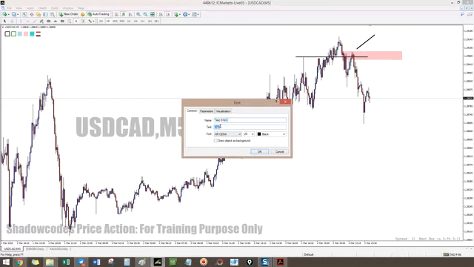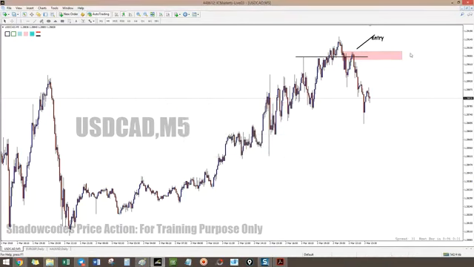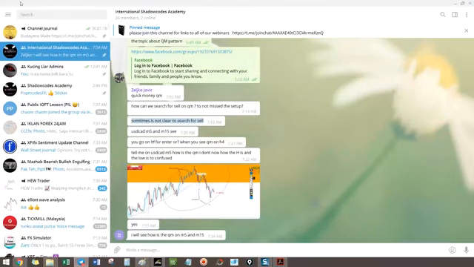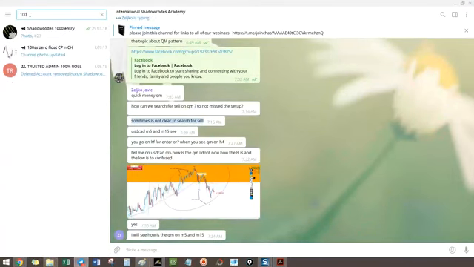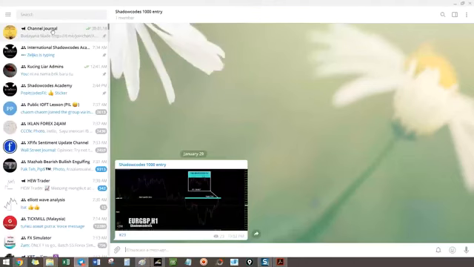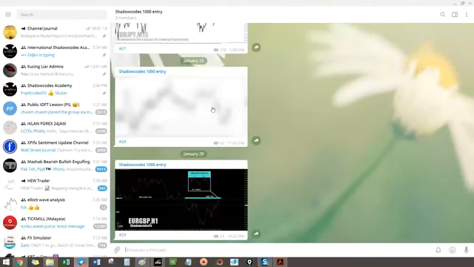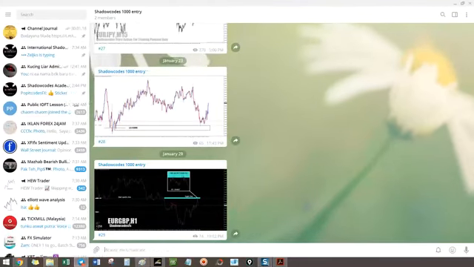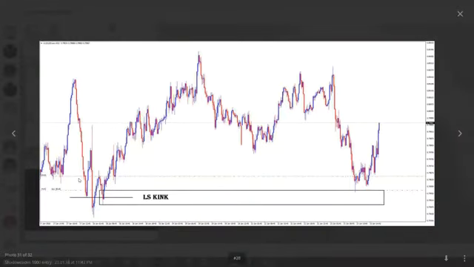This one we'll be learning in an upcoming topic, entry here. An example of entry, see how, okay, 1000. This is an example.